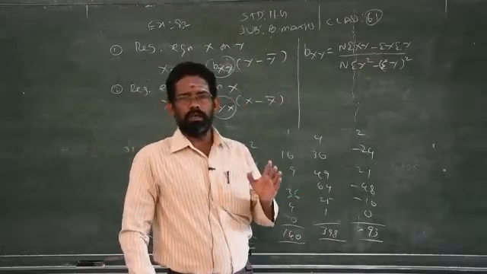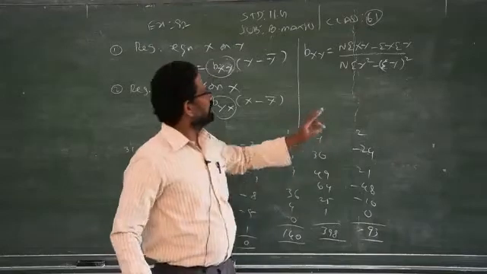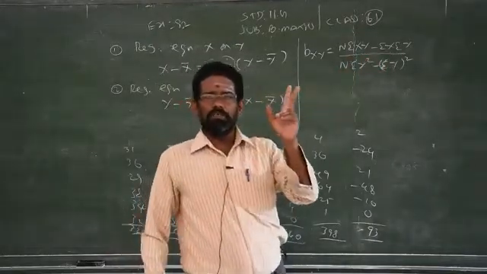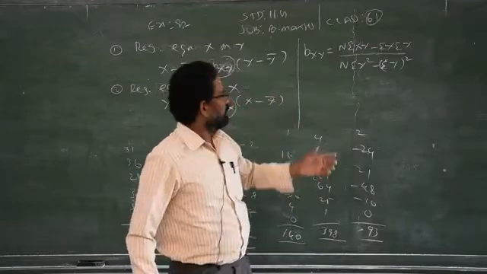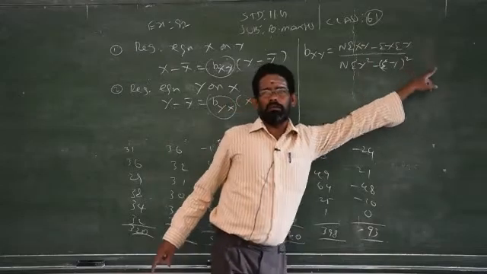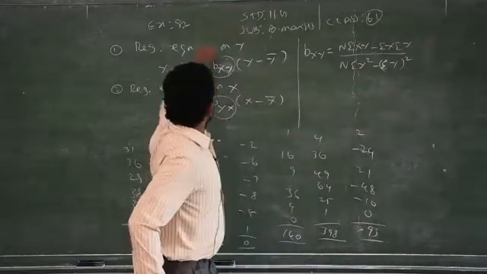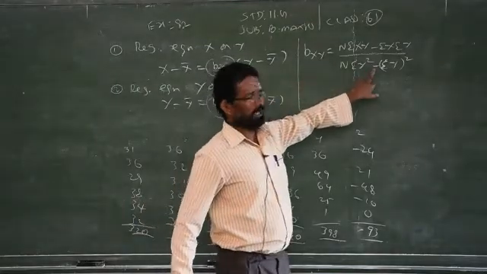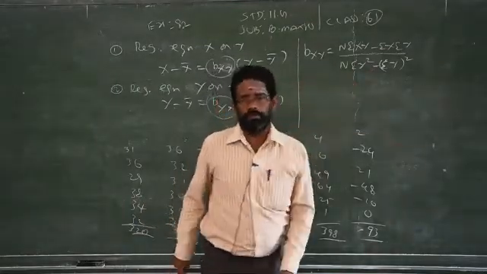When you compare with the correlation coefficient formula, the numerator remains as it is. Only in the denominator, in the correlation coefficient, how many factors? Two factors, with the square root, for y variable and the square root of x variable. To find the regression coefficient b_xy, you have to take only that y variable alone without square root.